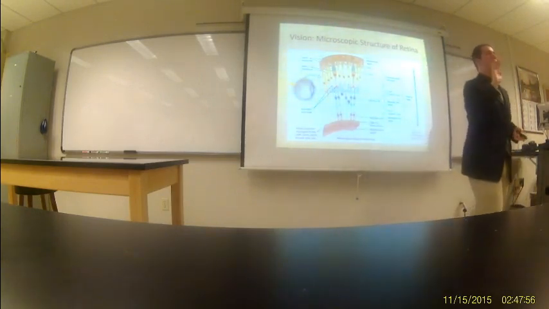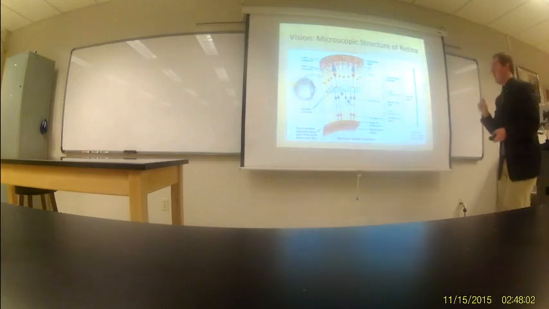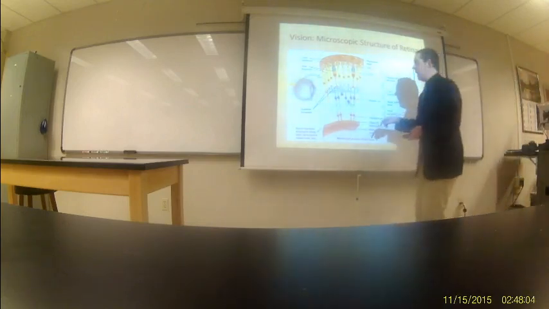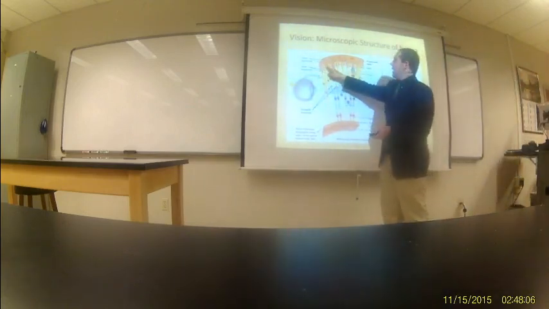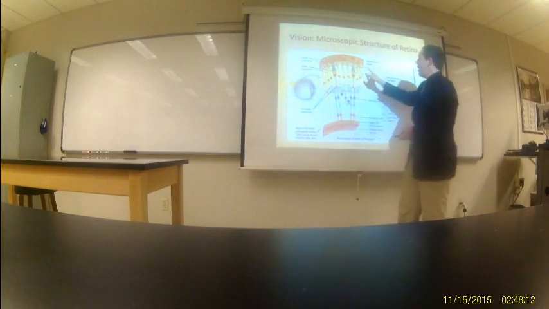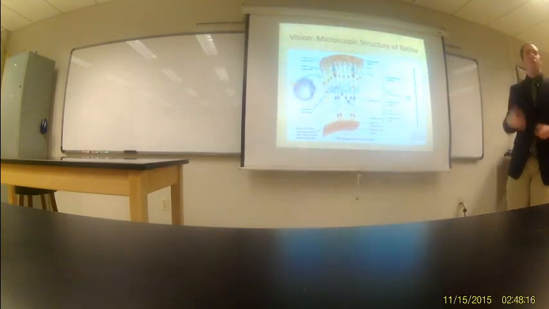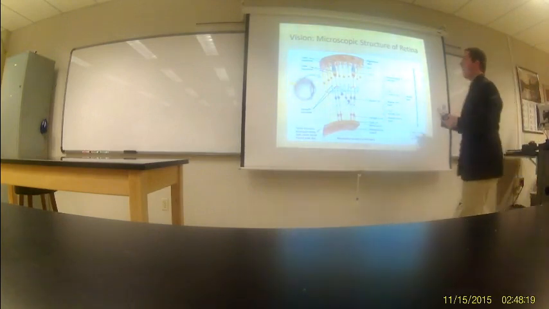This is our retina. We're not going to go too in depth on how the retina turns light into an action potential, but here we have the outside of the retina. And then in here we have rods and cones. You've heard of rods and cones before, I'm sure. They're what actually are going to sense the light.